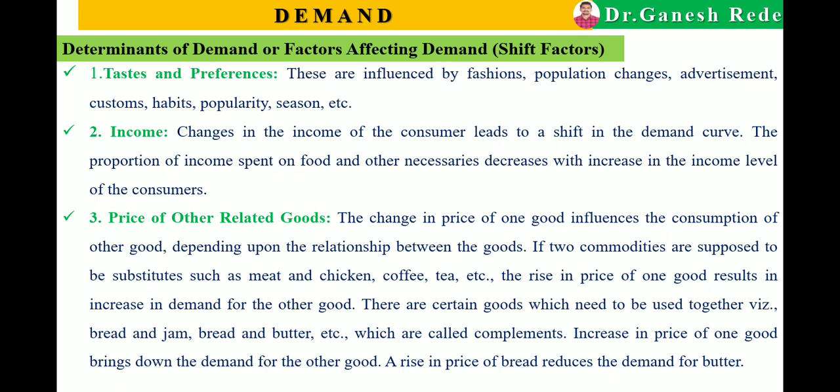The demand for a particular commodity changes because customer taste and preferences change, and most of the time they change because of advertisement, fashion and trend. So this is the first determinant of demand.